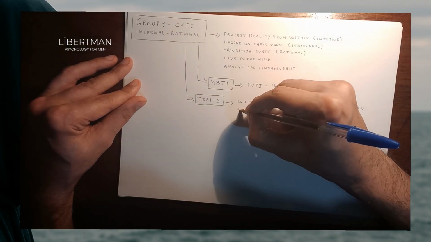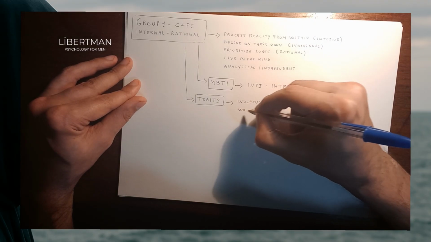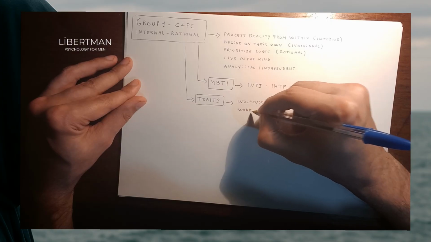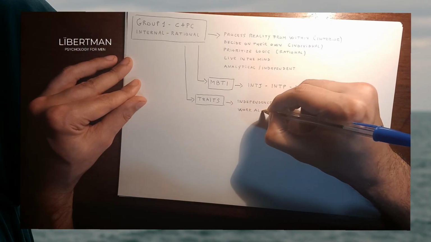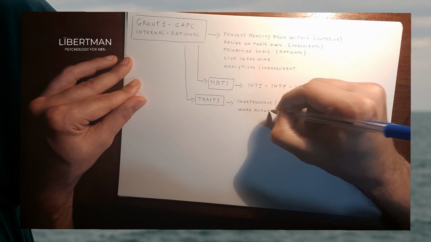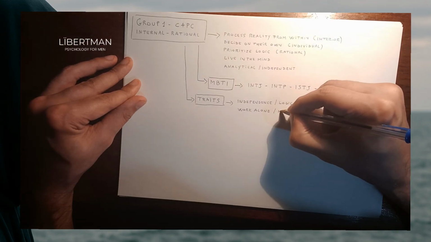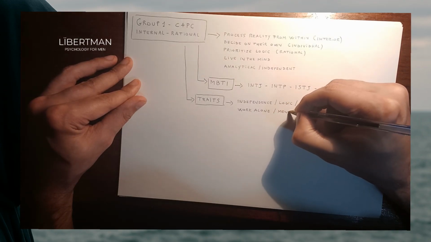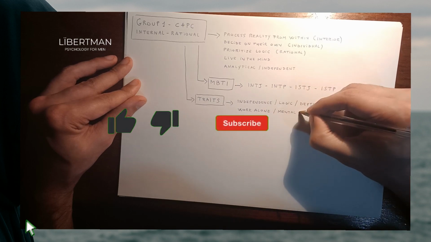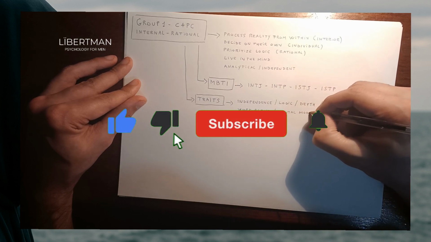What is the key difference compared to group number 2, the internal emotionals? Well, both live inward, but internal emotionals live in imagery, values, and emotion.